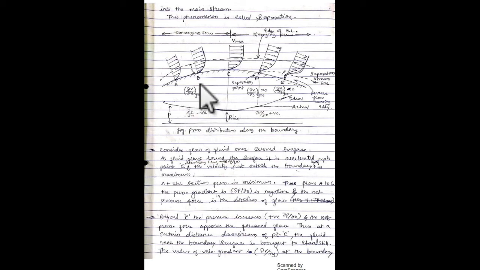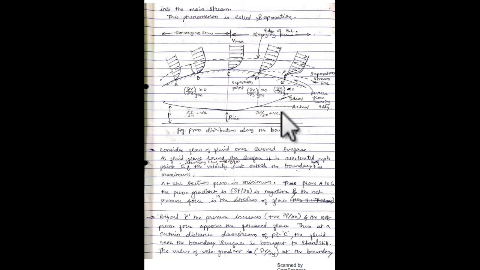From this diagram, it is observed that as the boundary layer increases up to point C, the pressure gradient goes on decreasing. This is the pressure profile. So delta P upon delta X is negative, and from point C to E the pressure gradient goes on increasing.